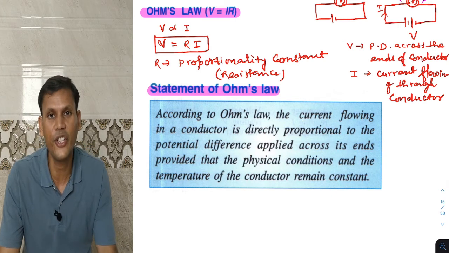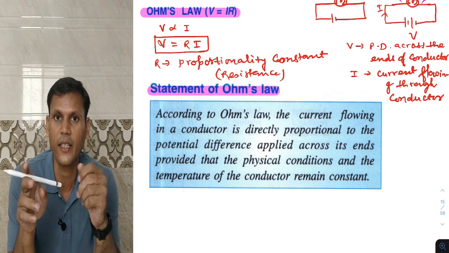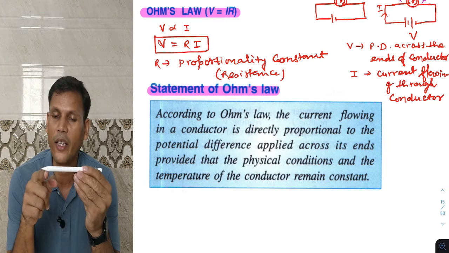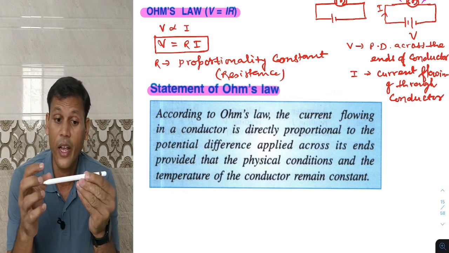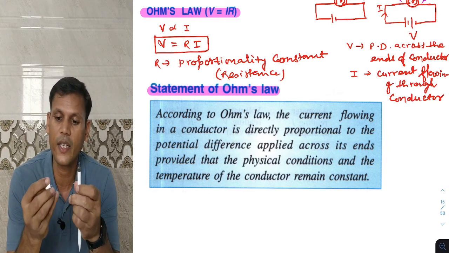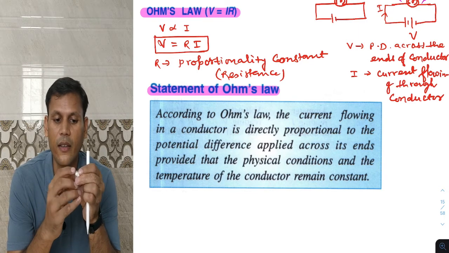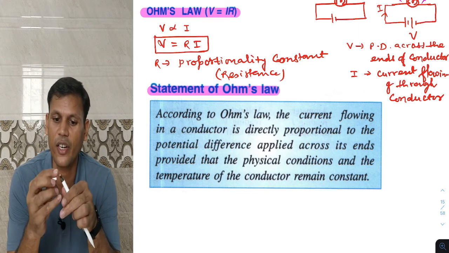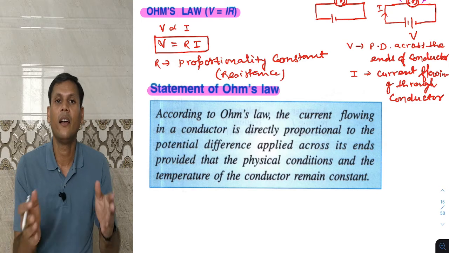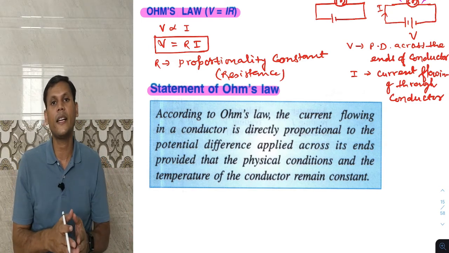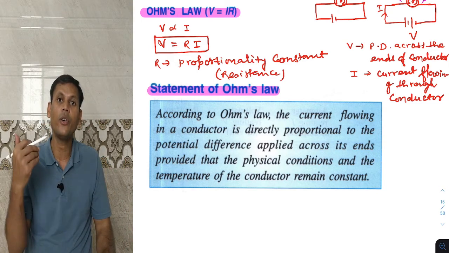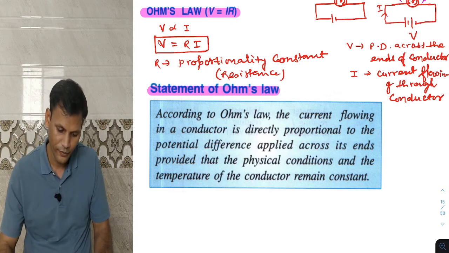What are the physical conditions? The length of the conductor, and the area of cross section, pi r square, the cross sectional area. So area and length remain constant and temperature also should be the same.